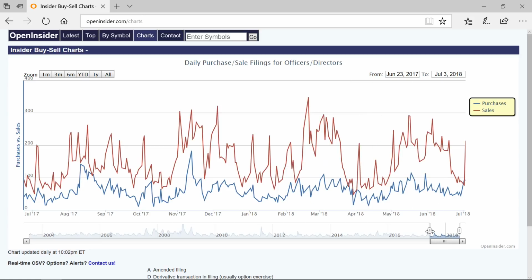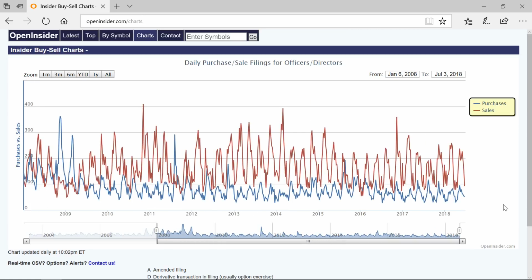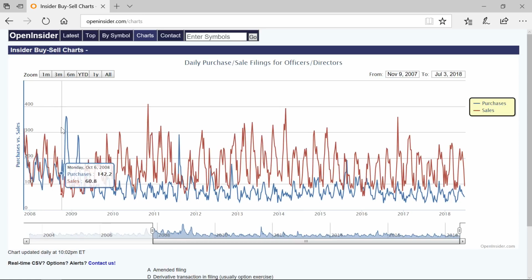I wanted to see what the chart looked like since the last recession, so if we go back to the 2008 time frame, just a little bit longer. You can see here in blue, and here in blue, the peaks. We've only had 3 times in which insider buys across the economy were stronger than the sales.